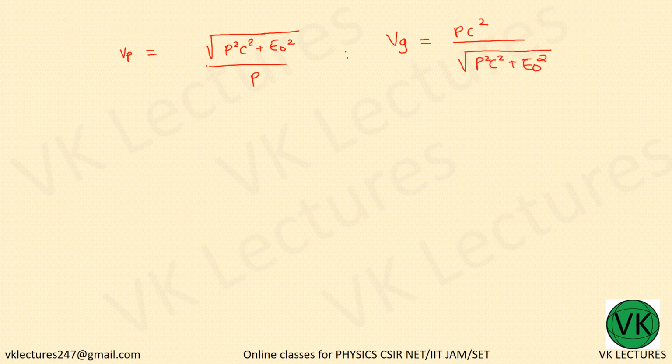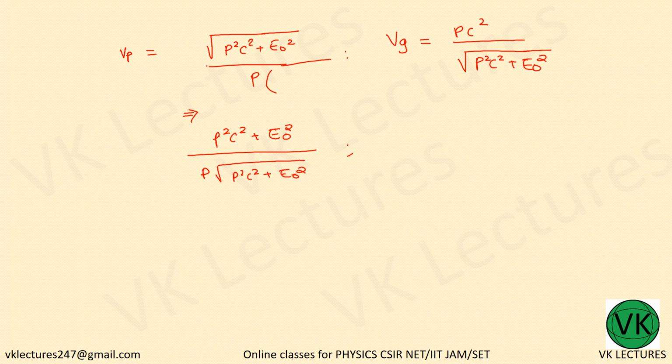Multiplying Vp by the root, it becomes P square C square plus E naught square divided by P into the root.